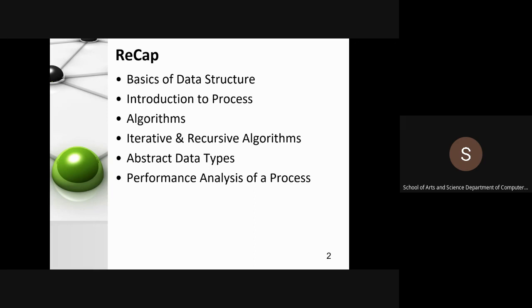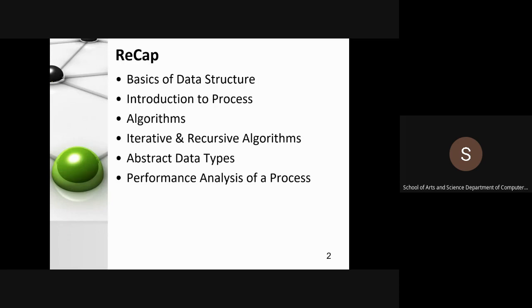With this basis, we introduced what a process is, how to write a process, and all the things to be considered while doing a process. Then we started what an algorithm is. Then we discussed what an iterative process and a recursive process are. Even in our last session, we discussed abstract data types. First we did what a data type is and the need of a data type.